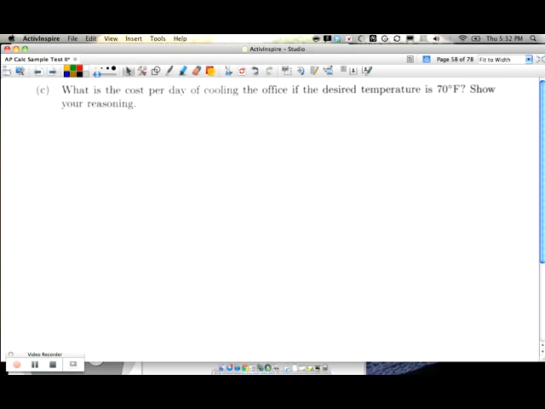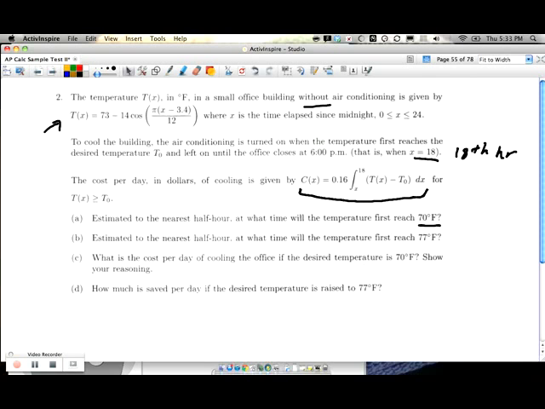What is the cost per day of cooling the office if the desired temperature is 70 degrees Fahrenheit? Show your reasoning. Okay, so let's see what's going on here. Remember that first, this air conditioning unit is going to turn on whenever it hits 70 degrees because it wants to cool it back down to 70 degrees.